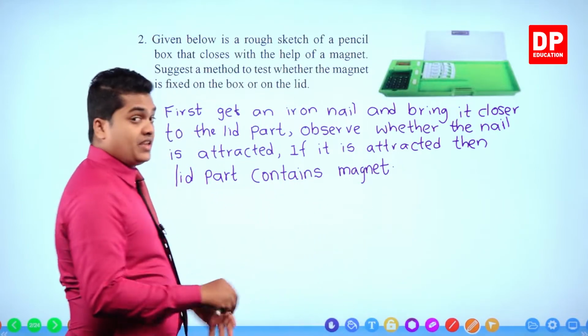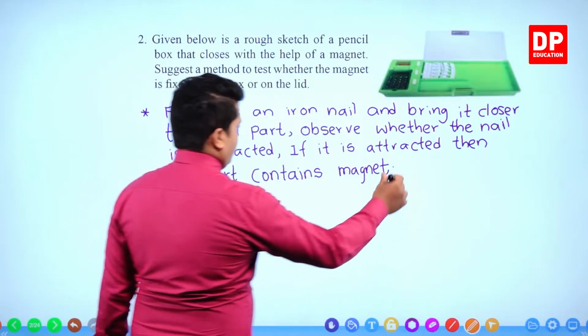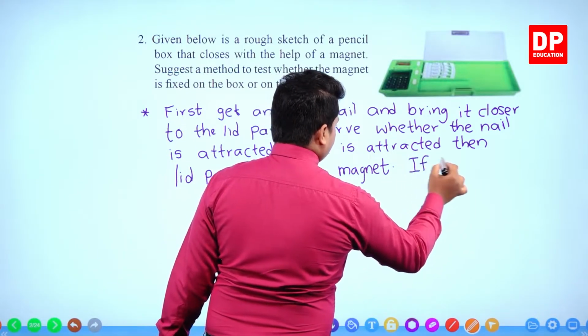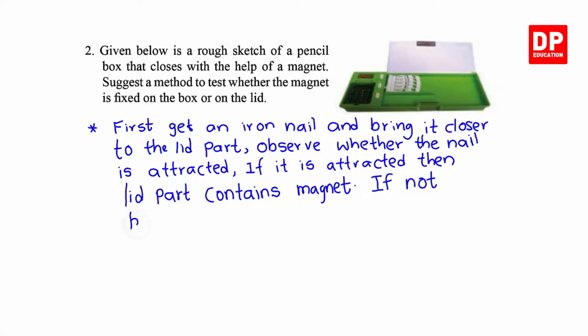Then we can write: if not, then the box part contains the magnet.